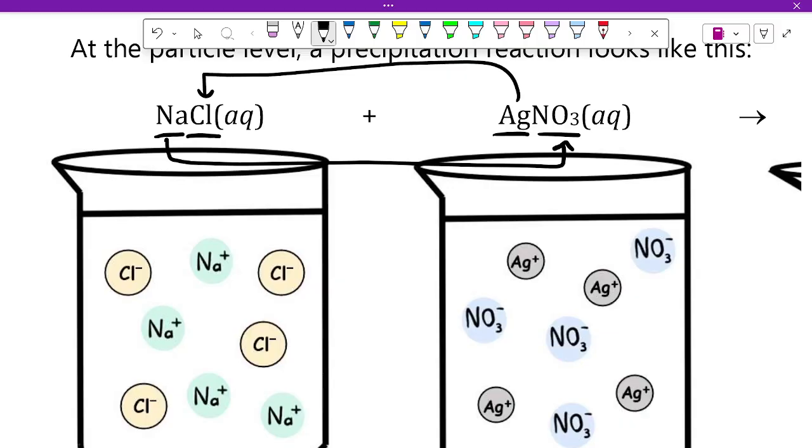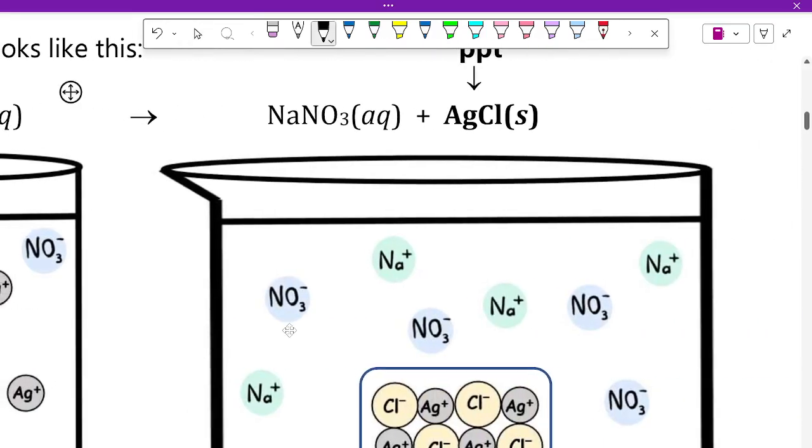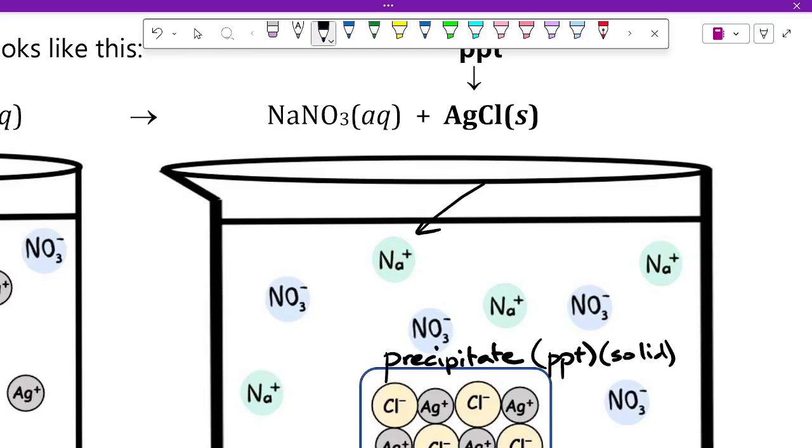In this case, we get one precipitate. Be able to write that word and spell it. How do we abbreviate it? PPT. And that is our solid. What are the Na and the NO3? Those are our spectator ions.